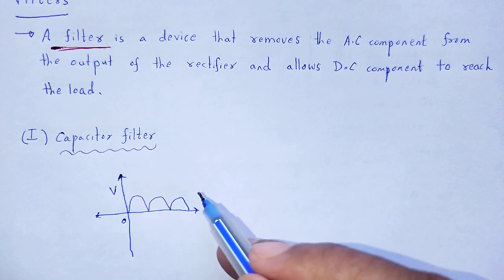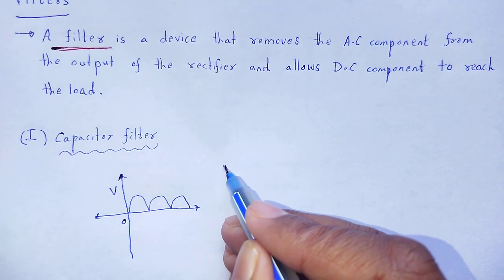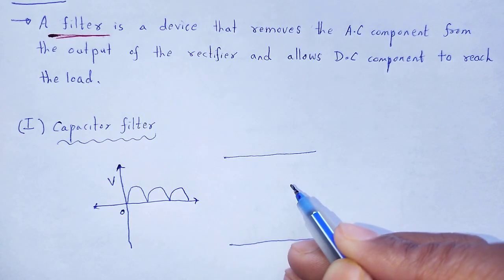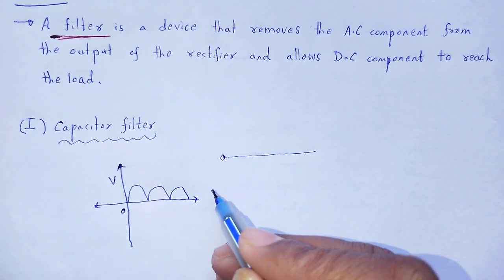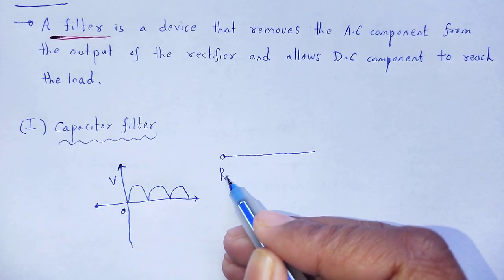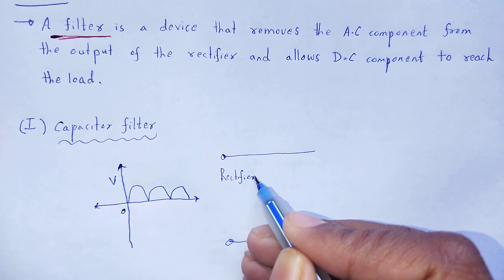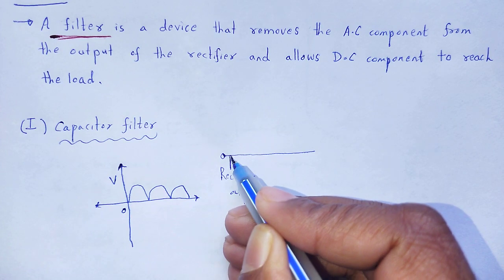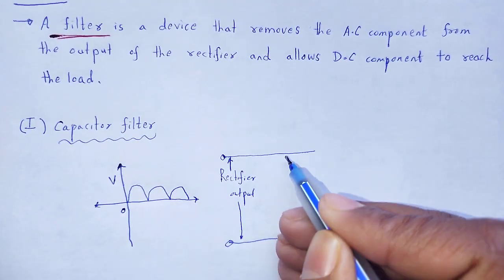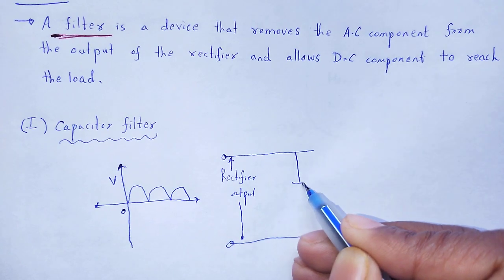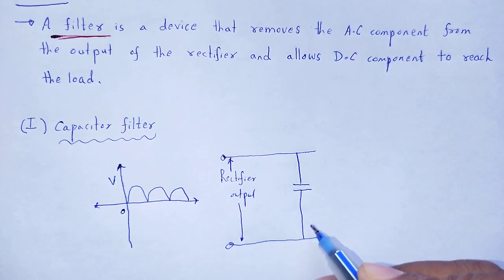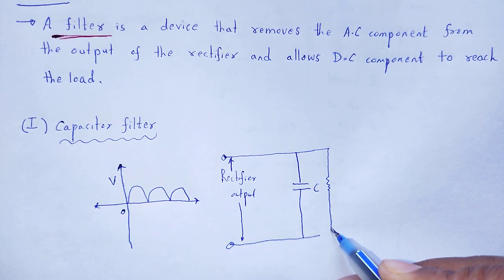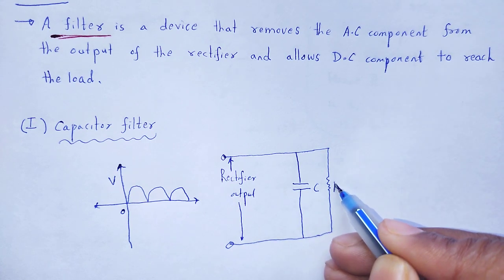To achieve only the DC component, the rectifier output is connected to a capacitor, then the load resistance RL.